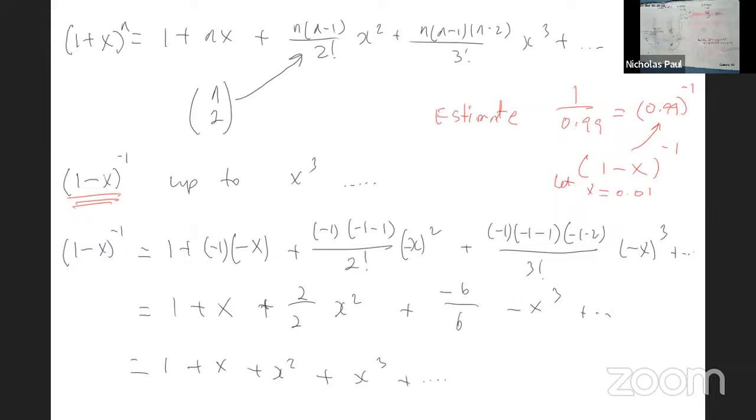So if you let x equal 0.01, you'll end up with 0.99 to the minus 1. Then you come back to the expansion and substitute x equal to 0.01. So that'll be 1 plus 0.01 plus 0.01 squared plus 0.01 cubed.